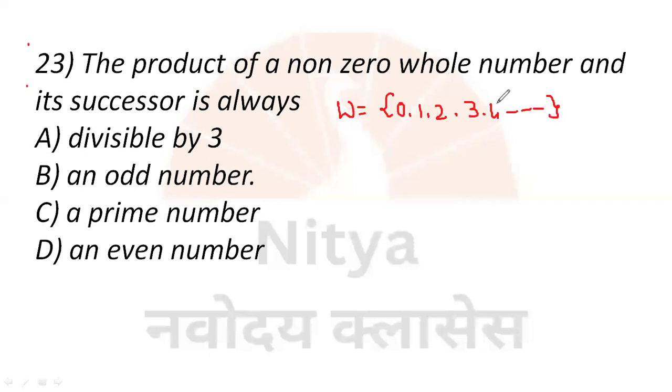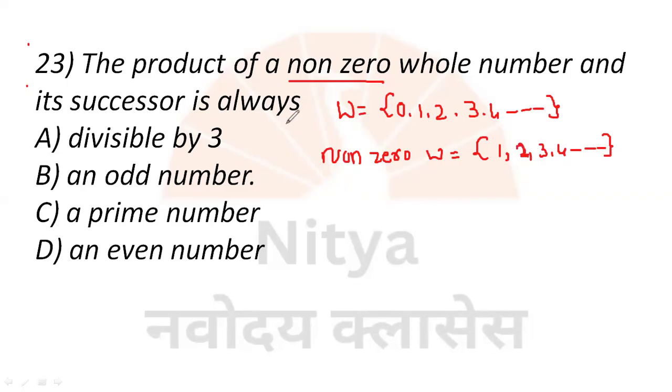Okay, these are the set of whole numbers. Non-zero whole numbers are 1, 2, 3, 4, and so on. Except 0, all other numbers are the non-zero whole numbers.